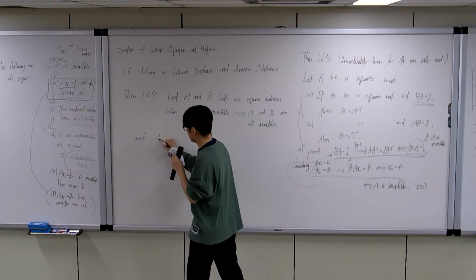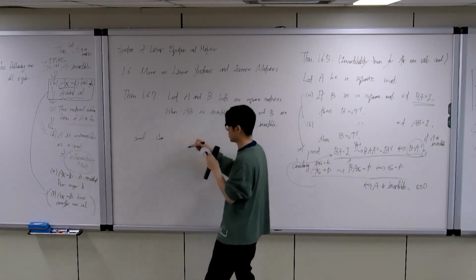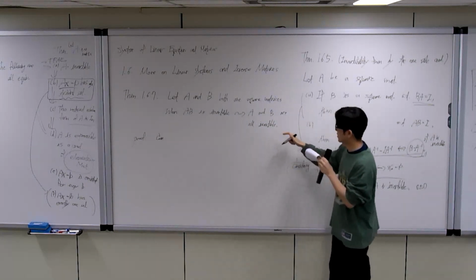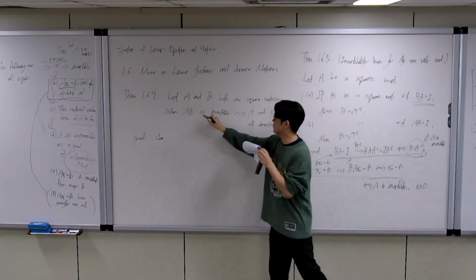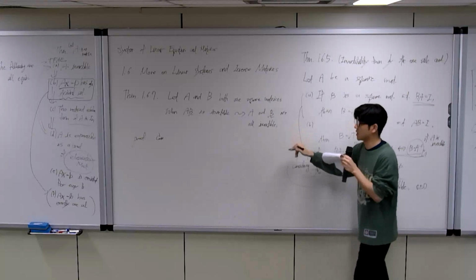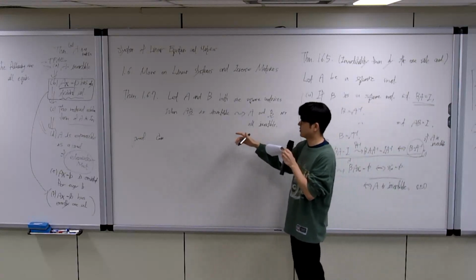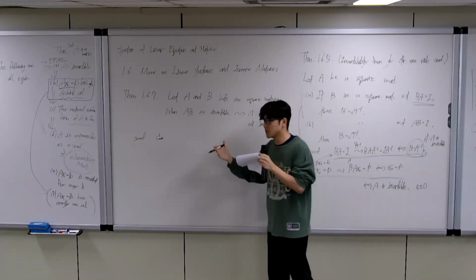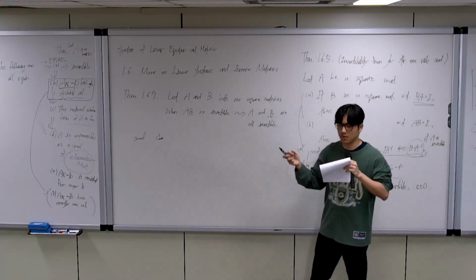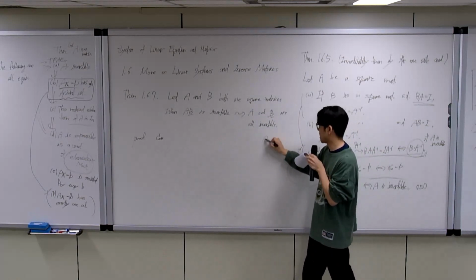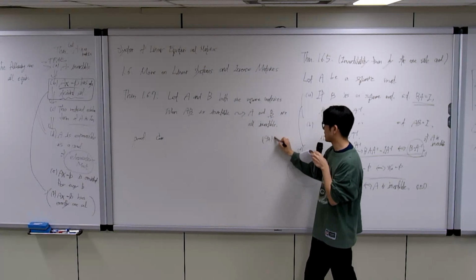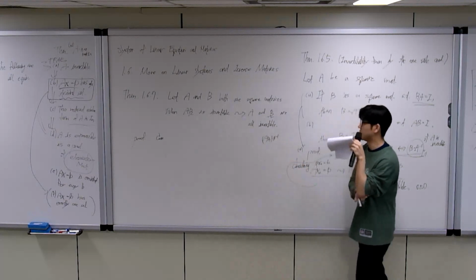First, I will show B is invertible. By showing B is invertible, we will construct B inverse.